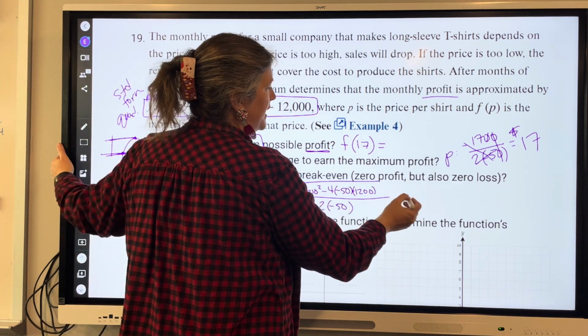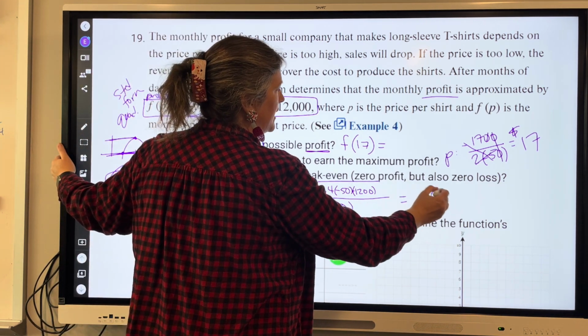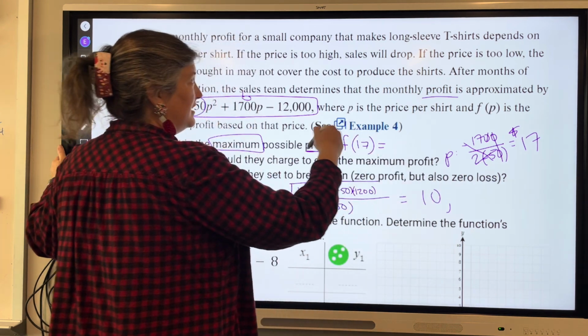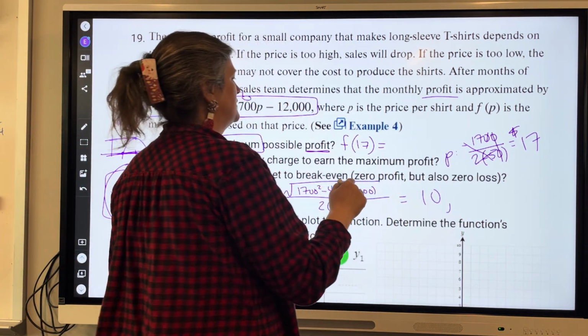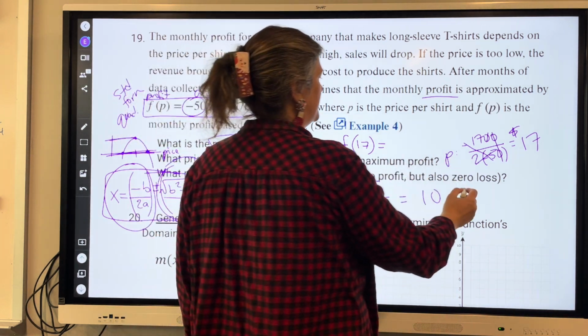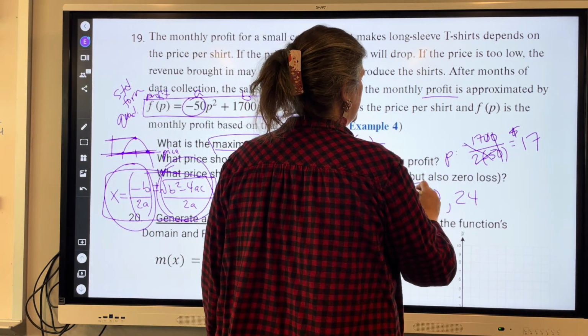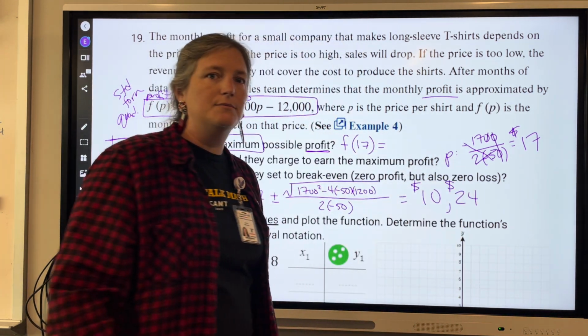And what I believe that came to was 10 or 24. Either $10 or $24 will cause them to break even.